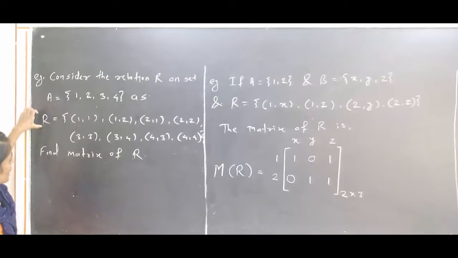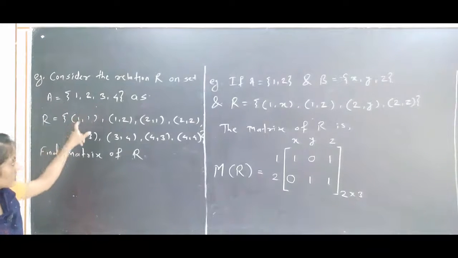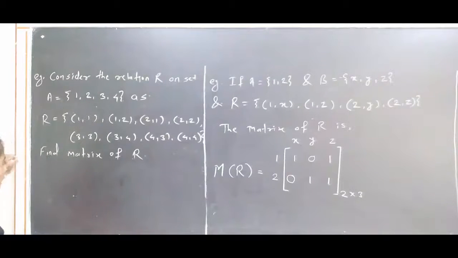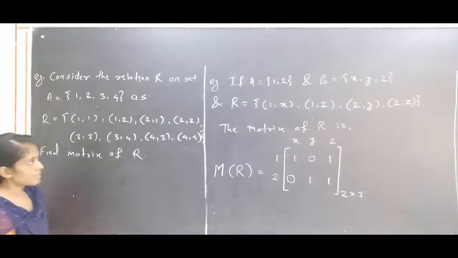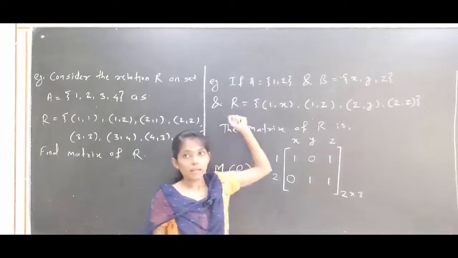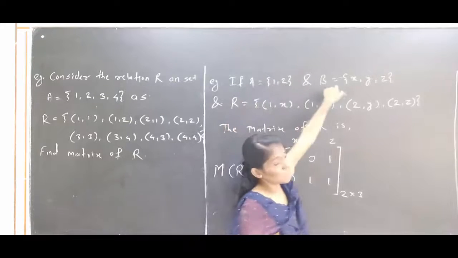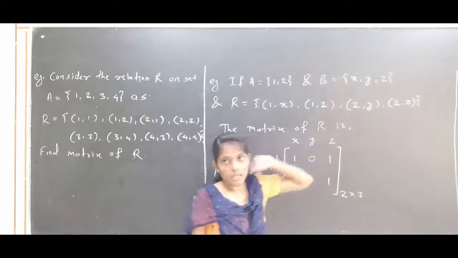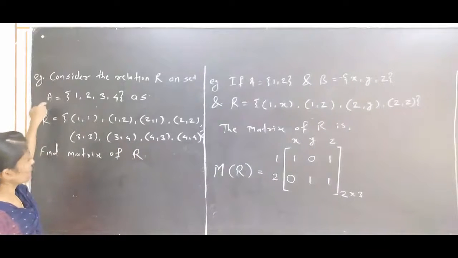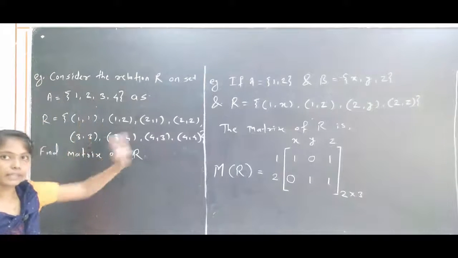Here relation R is defined on set A. Set A is {1, 2, 3, 4} and the relation is given. So here we want to find the matrix of relation R. In this example, the relation R is defined on set A, that is from A to A itself.